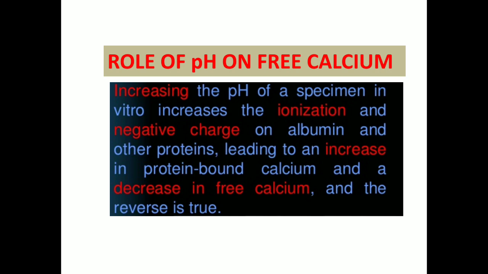If it becomes alkaline, then to counteract, more H plus will be released. So those sites will become negatively charged, and then more and more calcium will go and bind to the negatively charged sites of the protein, that is albumin. So your free calcium level will decrease. Total calcium does not change.